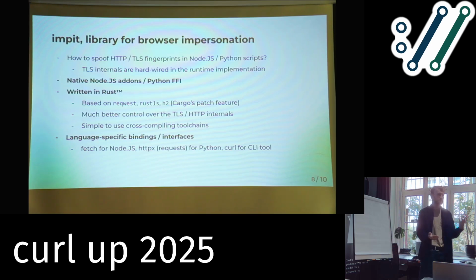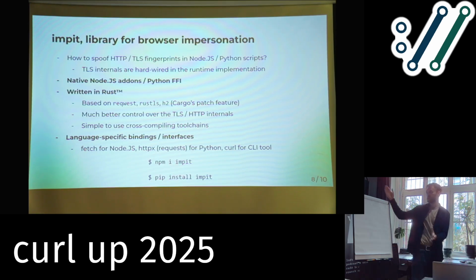If they use JavaScript, if they use Python, they know the way to make requests. They don't want to learn a different library. They just want to plug and play that new library and make it work. So this package is already on both of the package managers.